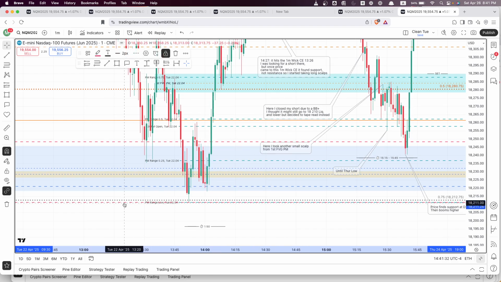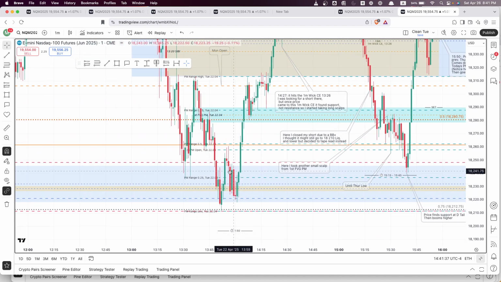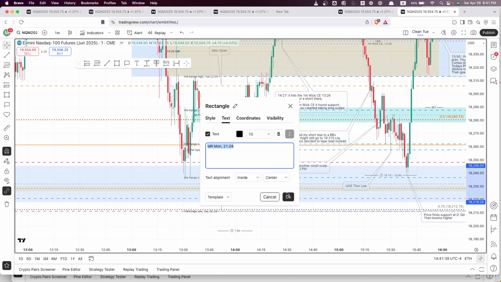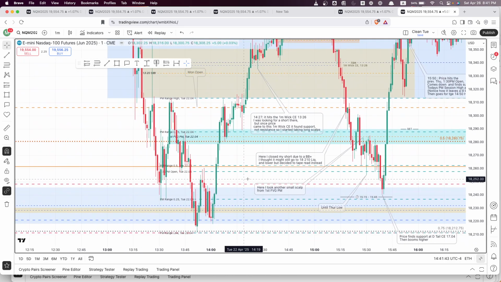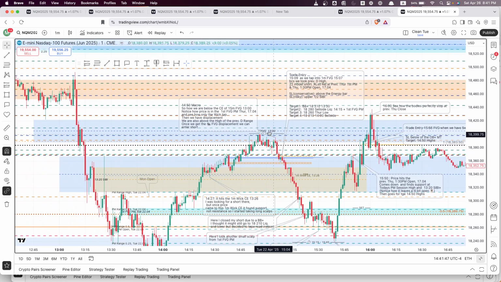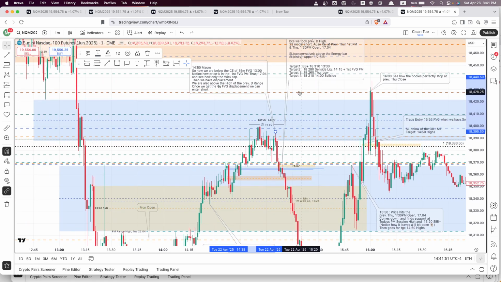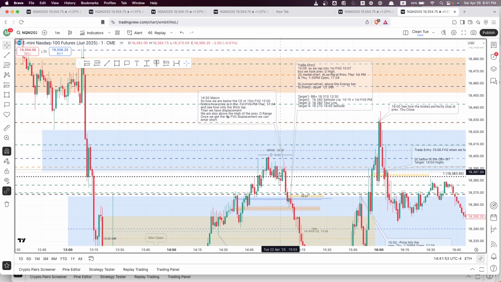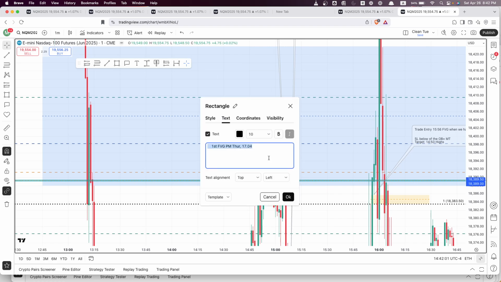And the low coincides with the AM range 75. And then we are inside the midnight range of Monday. And notice how price goes up all the way here. And then we are in the 1450 macro. We are inside of a fair value gap, 15 minutes. And notice how price is also on this Thursday first presented fair value gap.